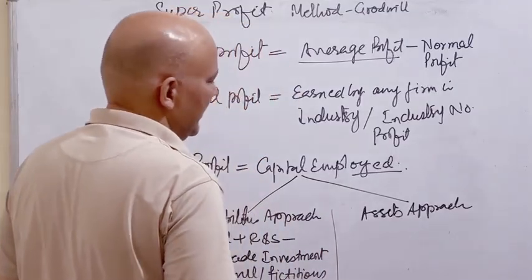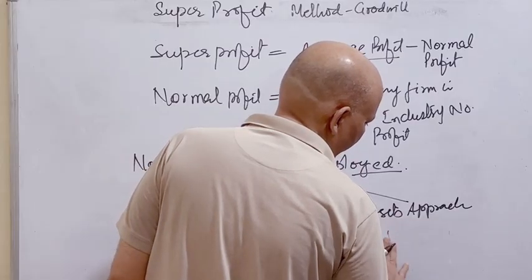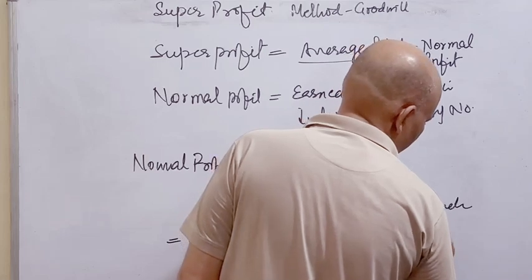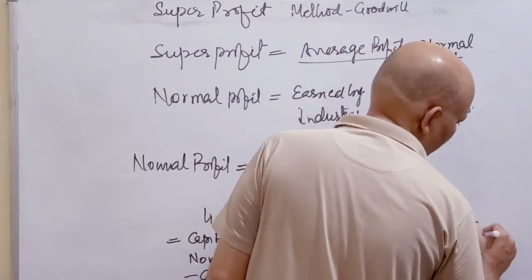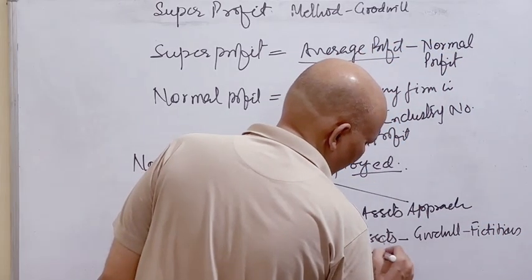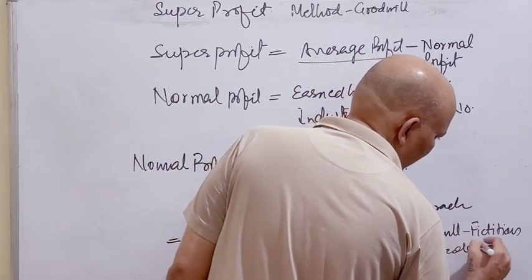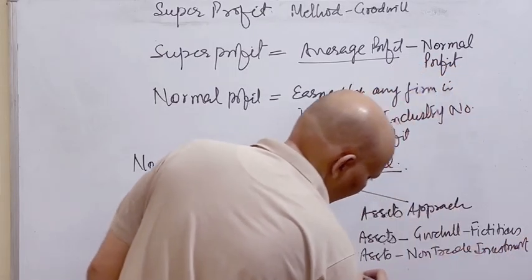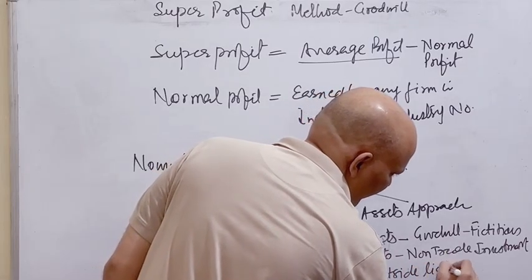In the asset approach, you take the total assets minus goodwill, if any goodwill is appearing, fictitious assets, non-trade investment, and minus outside liabilities.